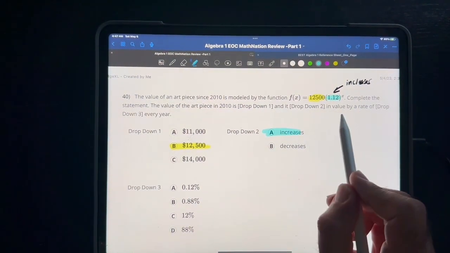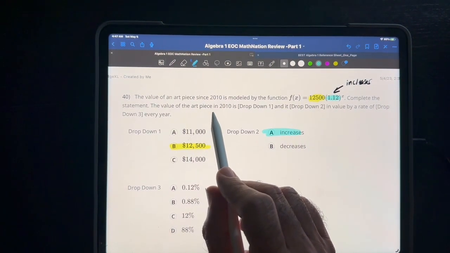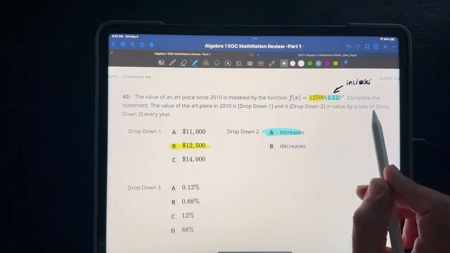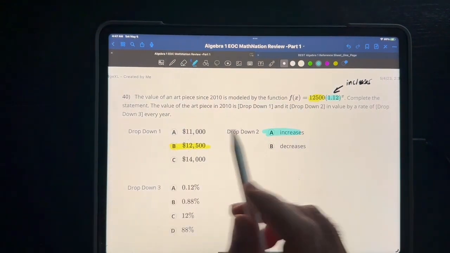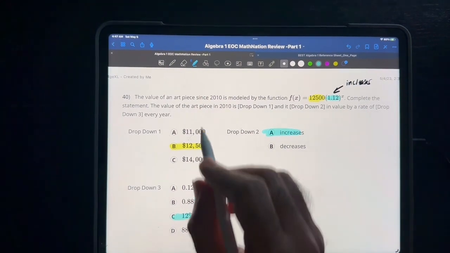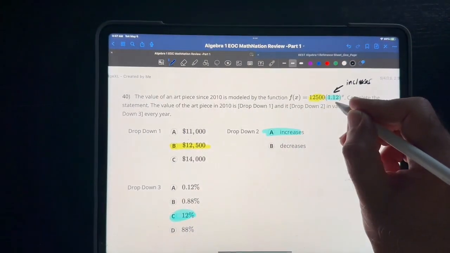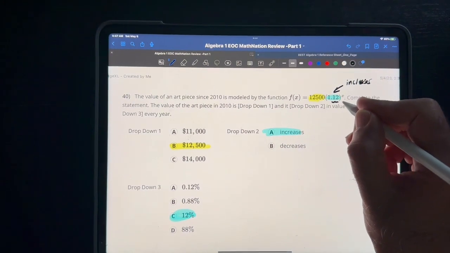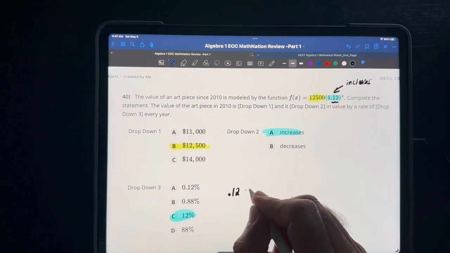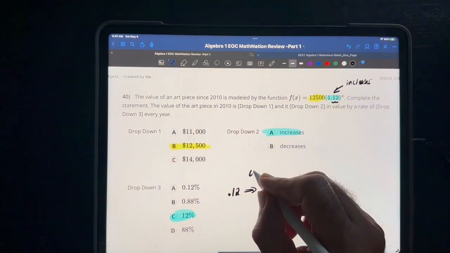All right, and then the final one is the value of the art piece increases in value by a rate of blank every year. So how do we get that? Now the rate is going to be 12%. So how do I get that? You look on this number right here behind the decimal point. So 0.12, if you change that to a percent, you have to multiply by 100.